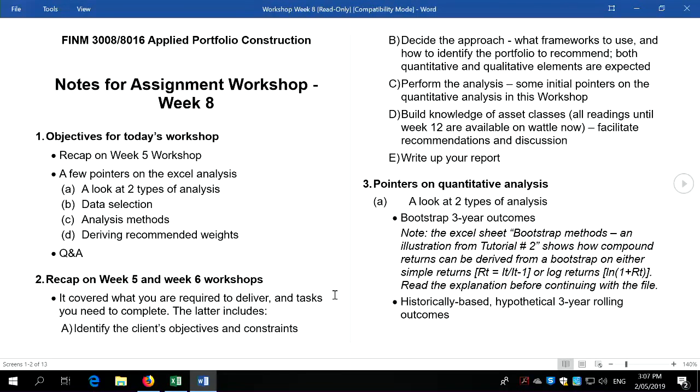And also, if you have followed the pace of the tutorial and the lecture, you have a basic understanding of modeling in the asset allocation or funds management context. You know how to calculate returns, the different ways of calculating returns, and the ways of measuring a portfolio's return and risk. And from week 5, you should have a fairly good understanding of the approaches of asset allocation.